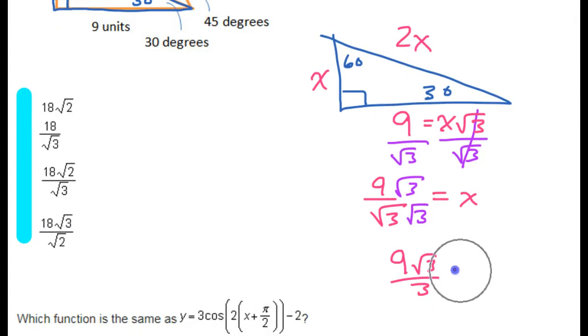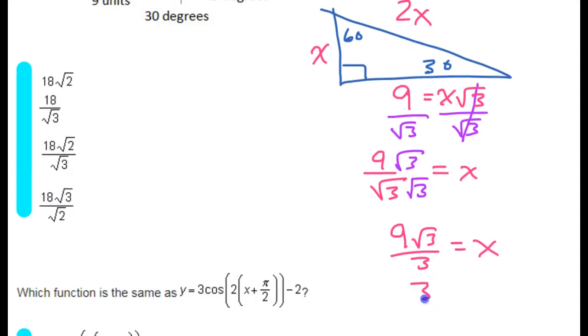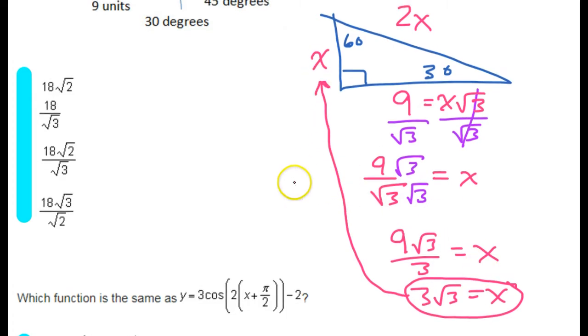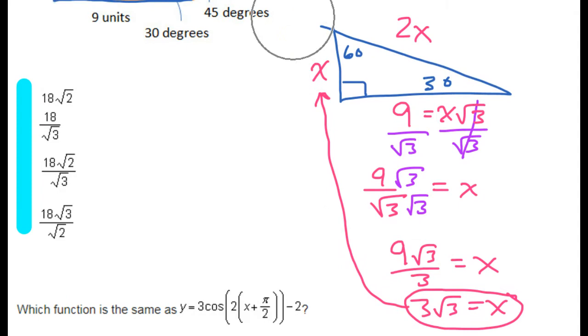But 9 divided by 3 is 3, so this is 3 radical 3. So that's x. Now, remember what x represents. x is the short leg. So by finding x, we just found that the short leg is 3 radical 3.